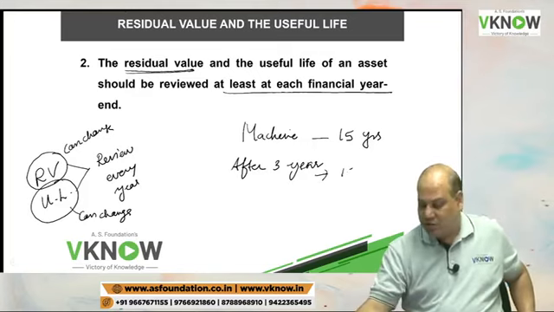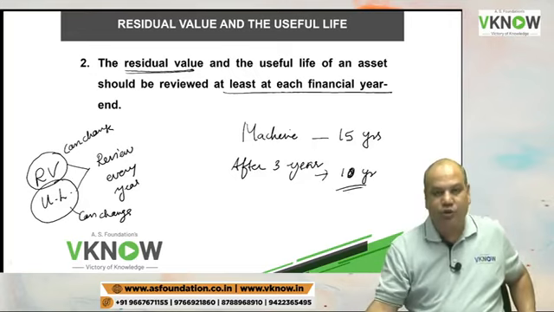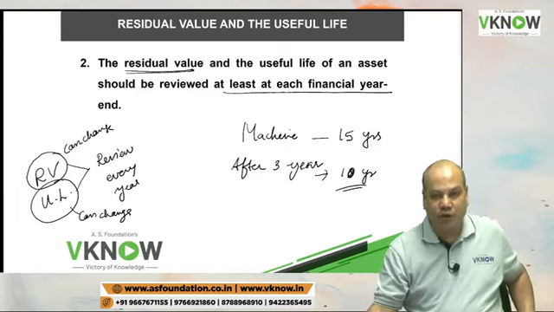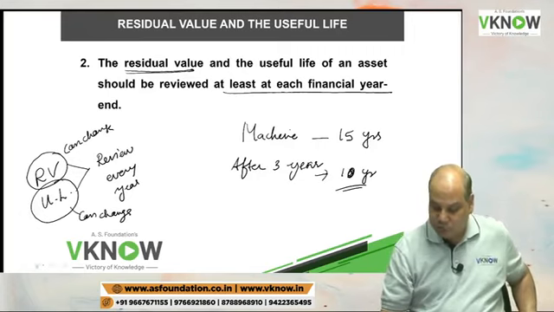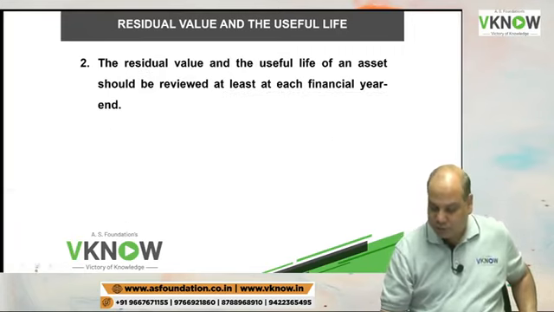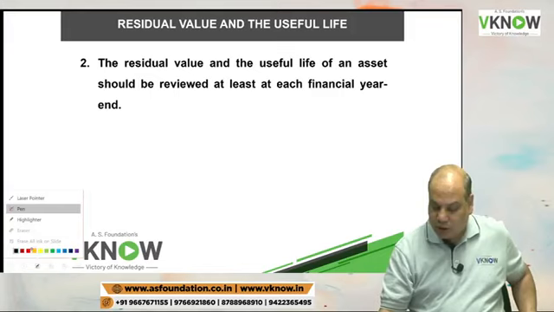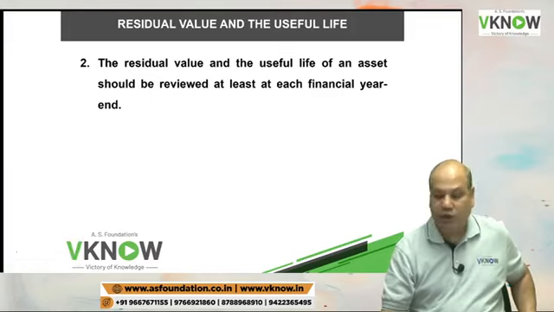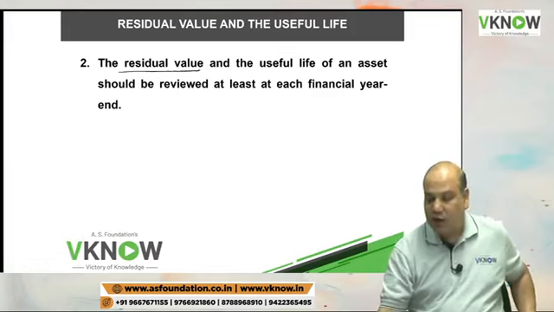So I will say, oh no, 15 is too much. I am going to use it for 10 years only. So I have revised my useful life from 15 to 10. Possible. Due to change in technology, due to change in demand, due to wear and tear, the useful life can change, and the same thing can happen with residual value also.